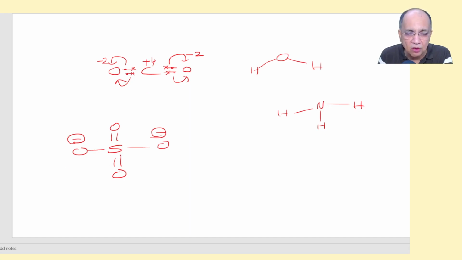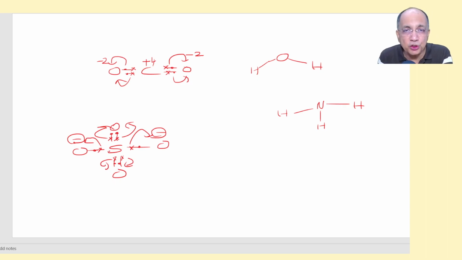Similarly, this is the sulfate ion, and this is a double bond, this a single bond. If you look at each bond, there will be transference of bond pairs to the more electronegative atom, hypothetically, on an imagination level, then sulfur will lose 6 electrons: 1 on this side, 2 on this side, 1 on this side, and 2 on this side.